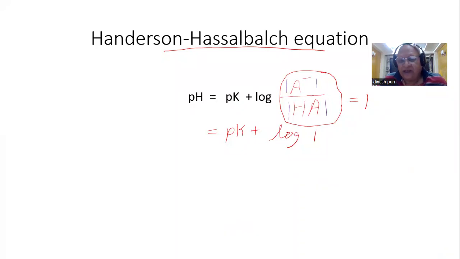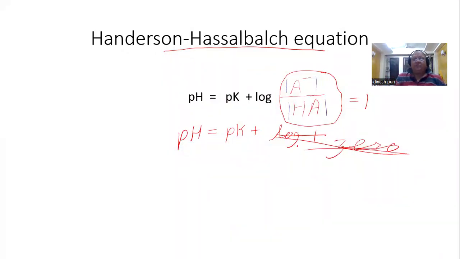And log 1, as you know, is equal to 0. So pH is equal to pK plus 0. That means pH is equal to pK. So a buffer is most effective when two relations exist. Number one, acid and base concentrations are equal. And number two, pH is equal to pK.